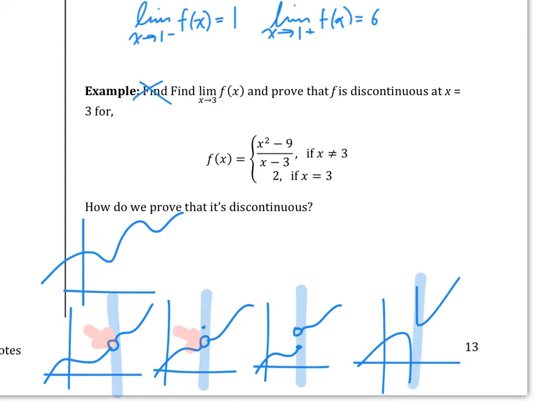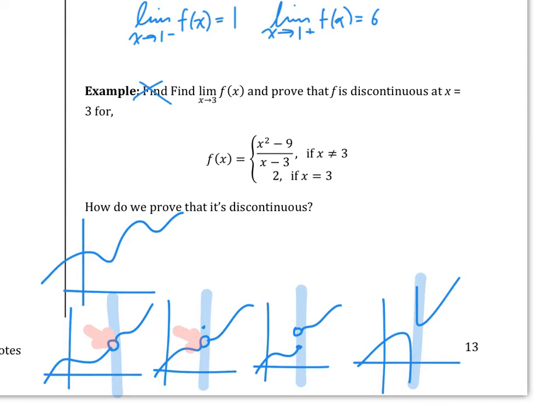And same thing here, there's a hole. This one, the third one, we basically can say that this point and this point are not the same. So then there's a break, right? And then this one is a little different. We would have to say that it's not even going to a number. It's going somewhere else.